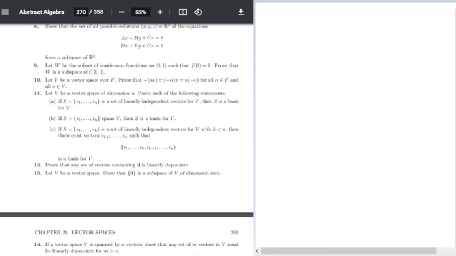Problem 11: V is a vector space, prove that negative AV equals negative A times V equals negative V for all V. So, okay, I want to prove that negative AV plus AV is equal to 0.